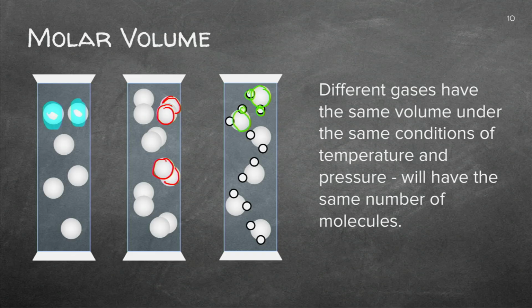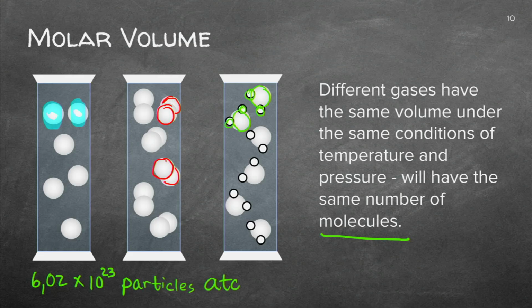So the number of molecules, atoms, or whatever I've got in here will be exactly the same: 6.02 times 10 to the 23 particles. And particles can be molecules or atoms.